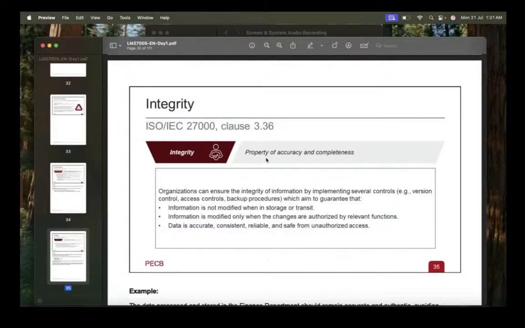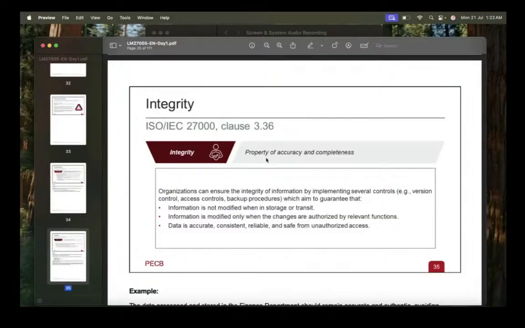Second, information is only modified when the changes are authorized by relevant functions. And the third one is that data is accurate, consistent, reliable, and safe from unauthorized access. That is how organizations can ensure the integrity of their information.